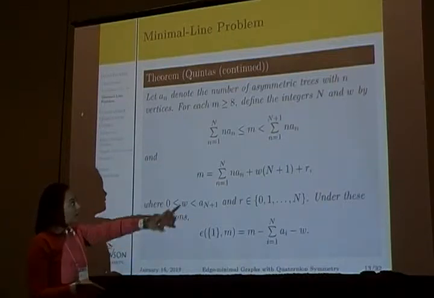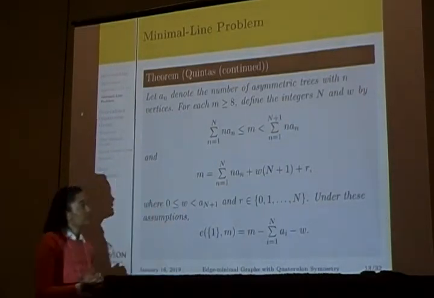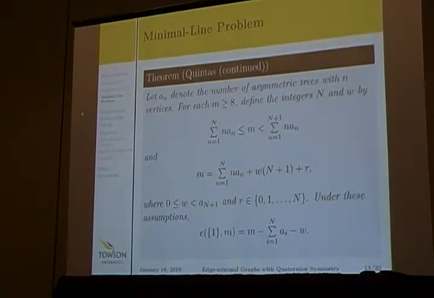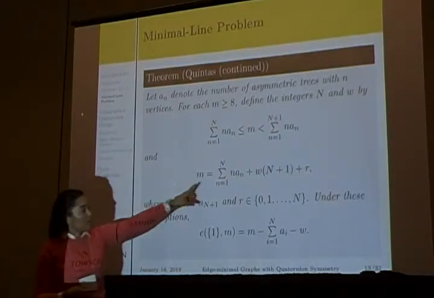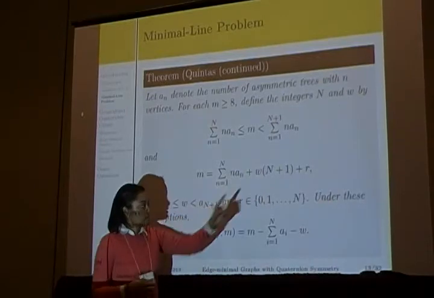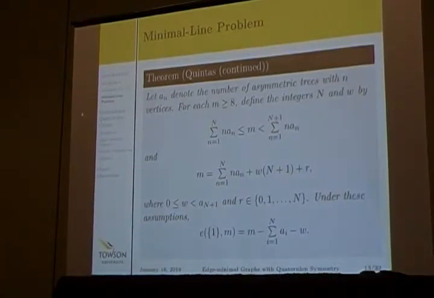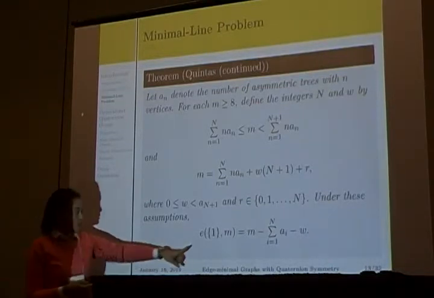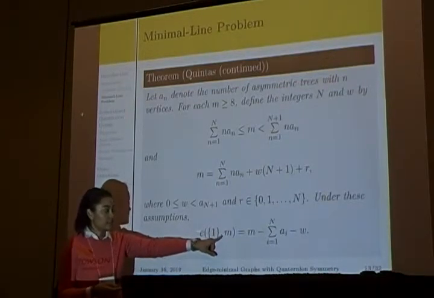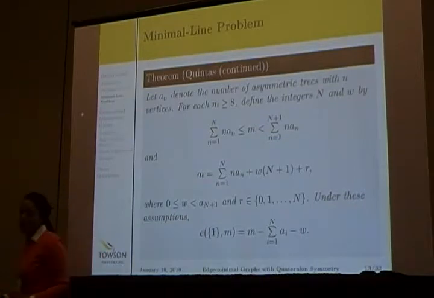Capital N can be defined using these inequalities here. And then once you have capital N, along with M, we can define this W here. And so under these assumptions, if you want an asymmetric graph on M vertices, then this is the minimum number of edges that's required.